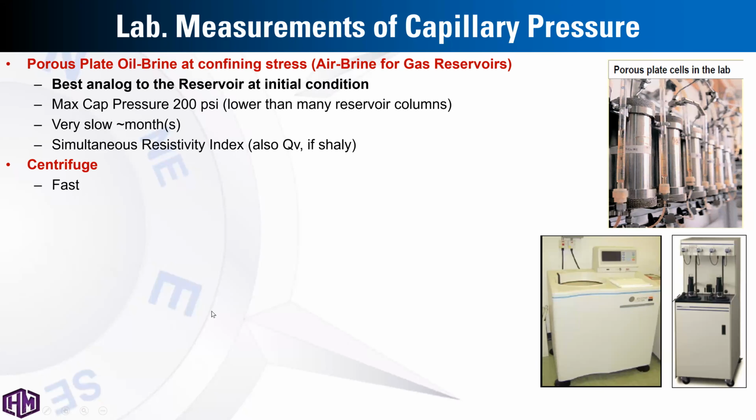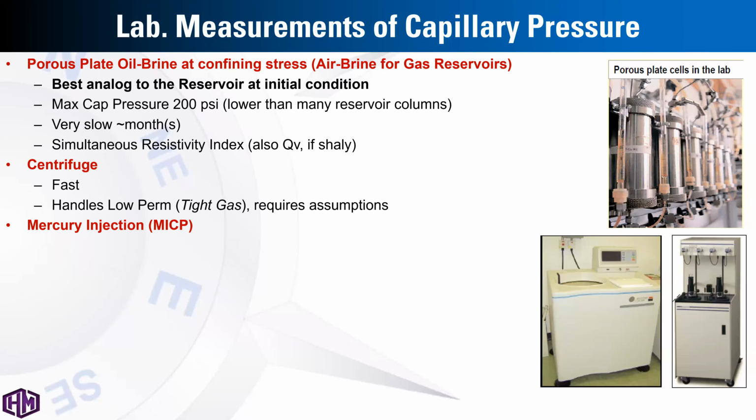But the disadvantage of this technique is that it's very slow, and the measurements can take a few months, up to 5 or 6 months and so on. The second process is the centrifuge. It's a fast measurement and can handle low permeability reservoir rock samples.